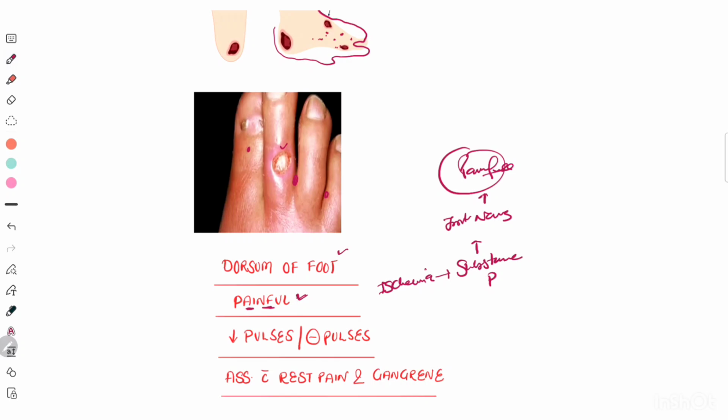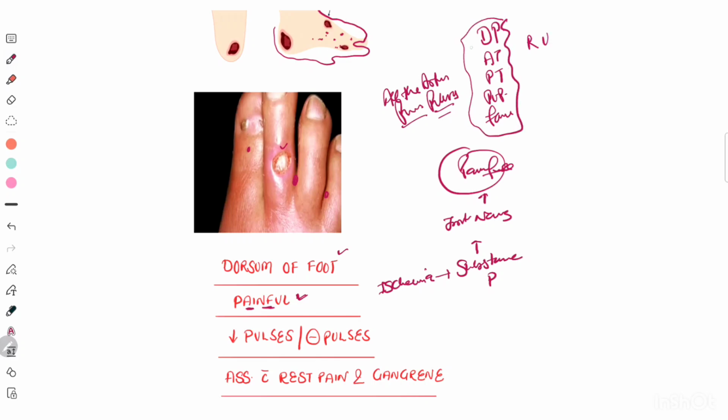They are painful, and after this, if you suspect an arterial ulcer, you have to examine all the peripheral arteries for pulses. Like in the foot, you have to look for the dorsalis pedis artery, anterior tibial, posterior tibial, popliteal, then femoral, radial, ulnar. You have to examine all these arteries. I will make a new video for the examination of these arteries, where these arteries are located.